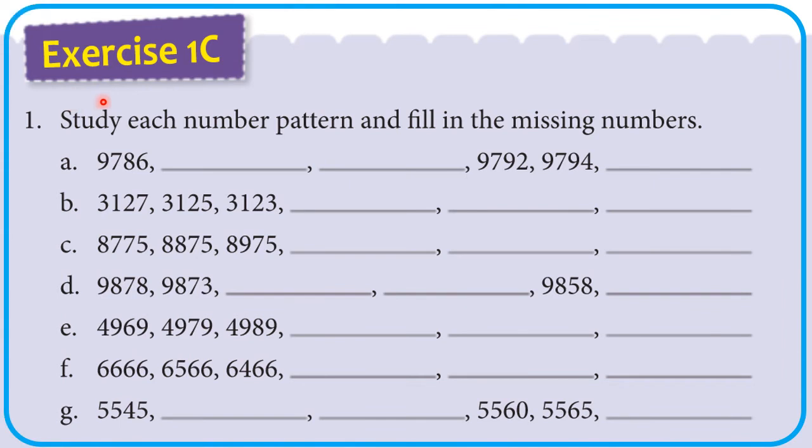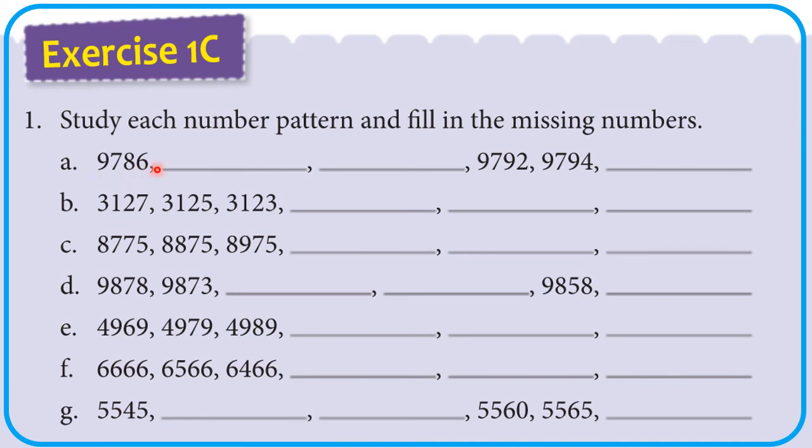Exercise number 1C. Question number 1 here is, study each number pattern and fill in the missing numbers. A, 9786. Two blanks are given here, and after that we have 9792, 9794, and a blank space is given here.